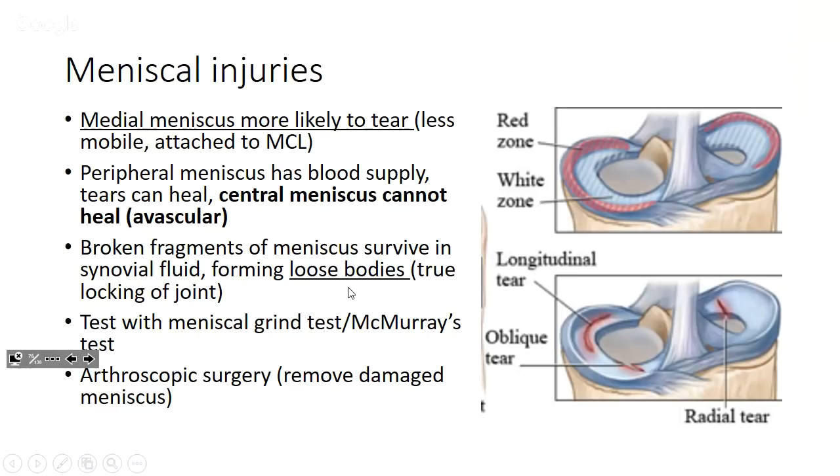But when your joint is moving, they may catch the joint, and that leads to locking of your joint. You test the meniscus with McMurray's test or the meniscal grind test, as you've learned. And the treatment is arthroscopic surgery, opening up the joint and removing any damaged parts of the meniscus.